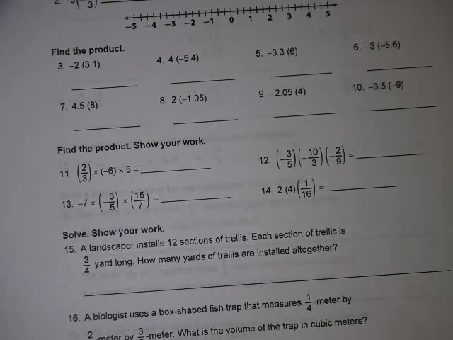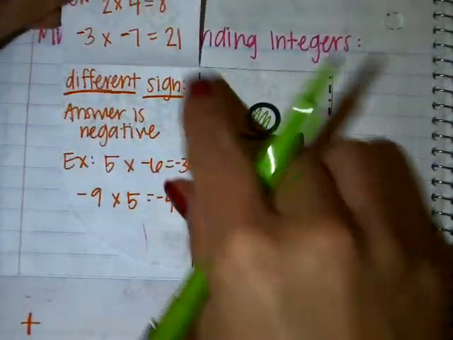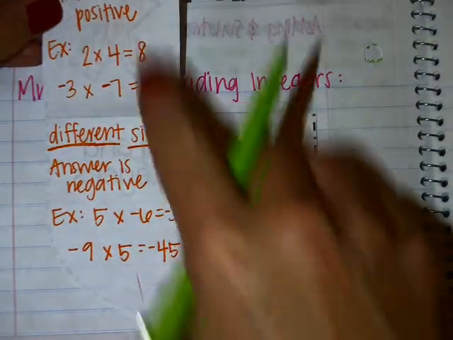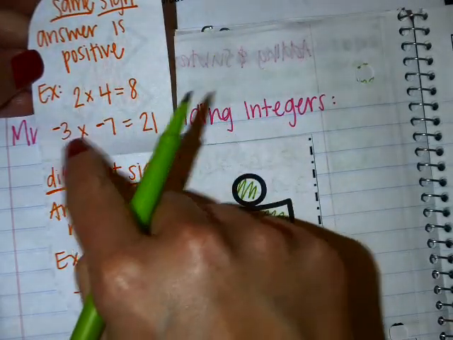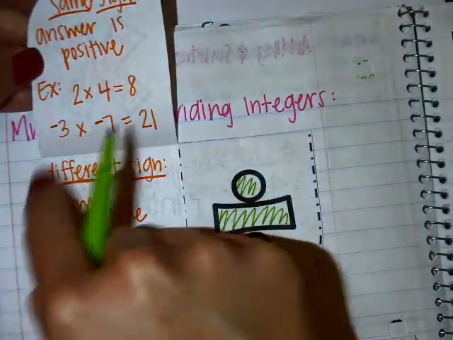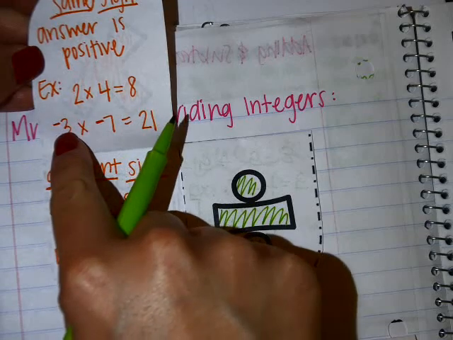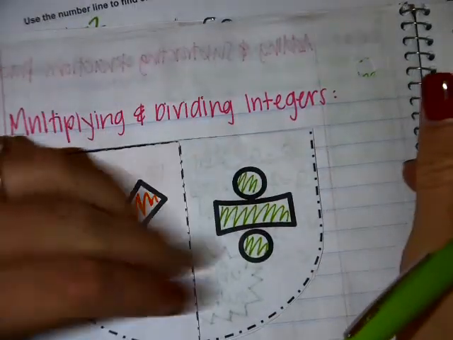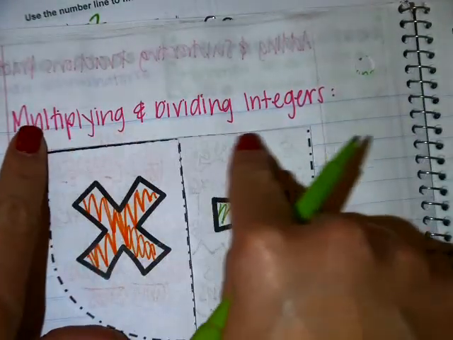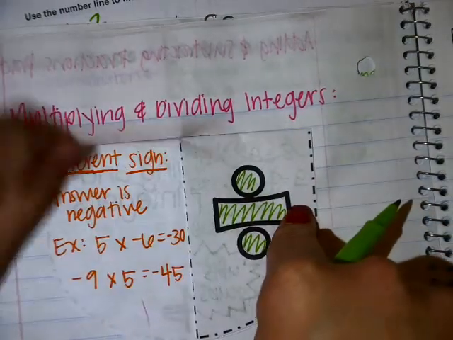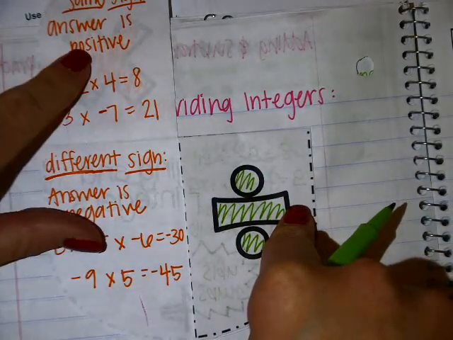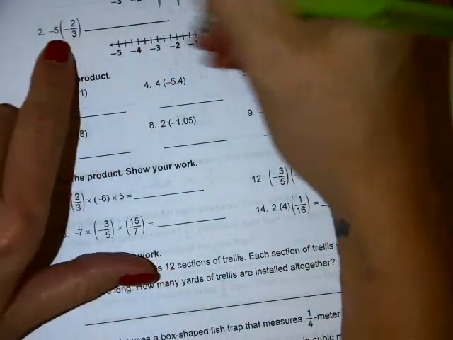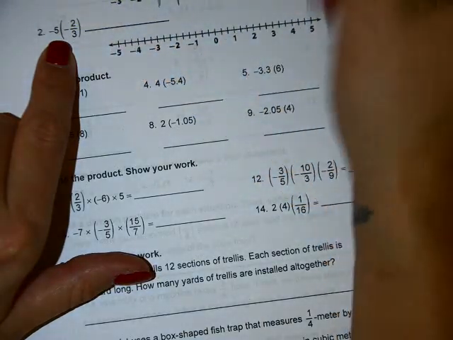Also, if we look at our notes right here, multiplying and dividing, when you've got multiplying with the same sign, meaning they're both negative, your answer's positive. Now this is different from adding and subtracting, so that's why we have notes specifically for multiplying and dividing. Okay, so when they're the same sign, they end up being positive. So I know that I'm going positive right here, so basically I'm going 5 times 2/3.